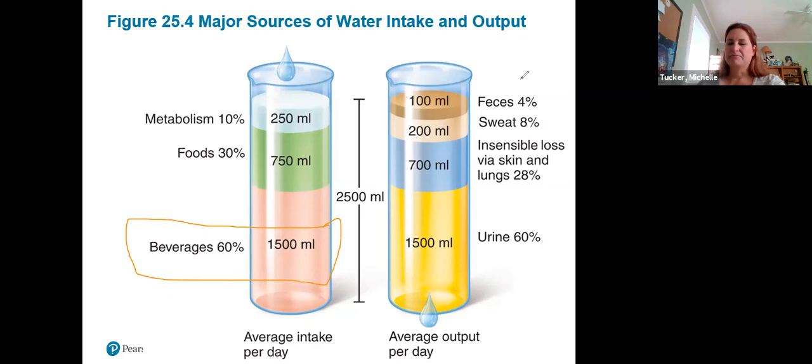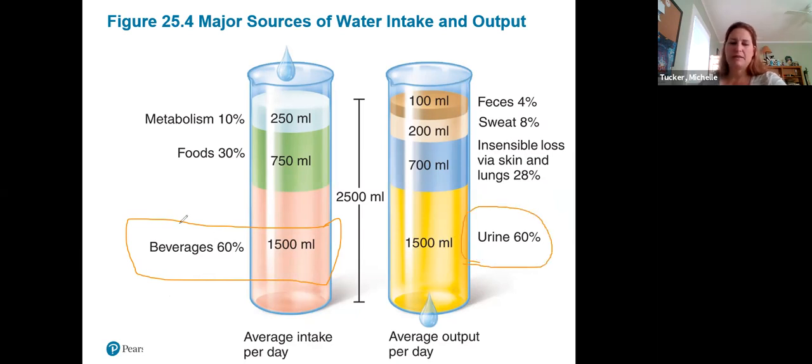For our average output, we'll talk about sensible versus insensible water loss. So feces and sweat can greatly increase if we're exercising, so this one can change. Insensible water loss doesn't change a whole lot. And then our urine output can change quite a bit.